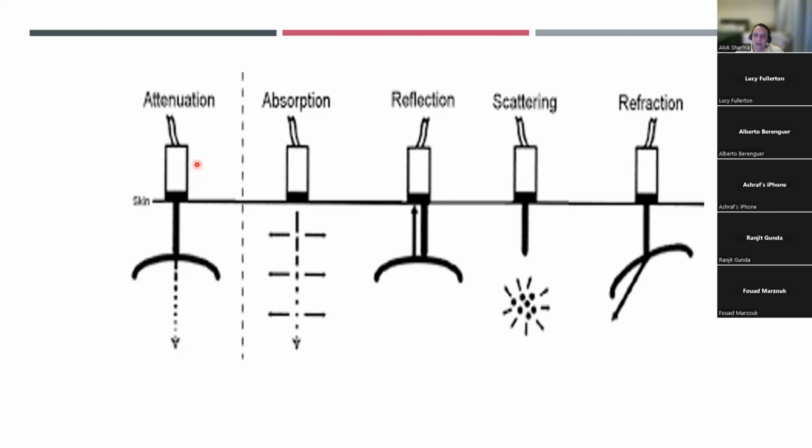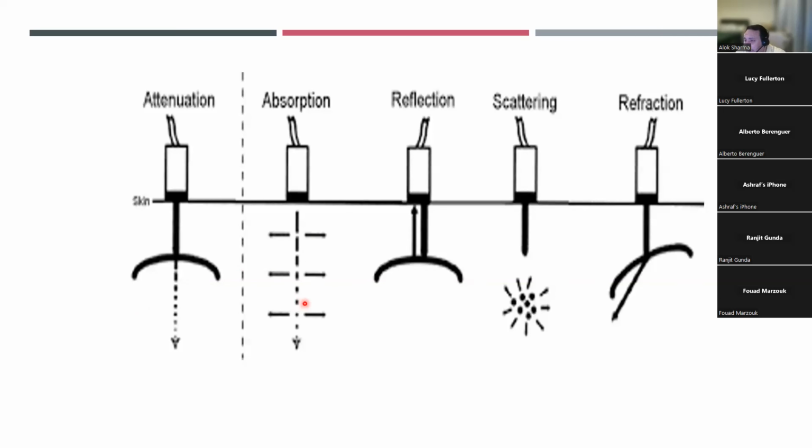If you're using a high frequency, it will travel a shorter wavelength. So this wave will get attenuated and the image visible deeper will be less well visible because there's less reflection back.